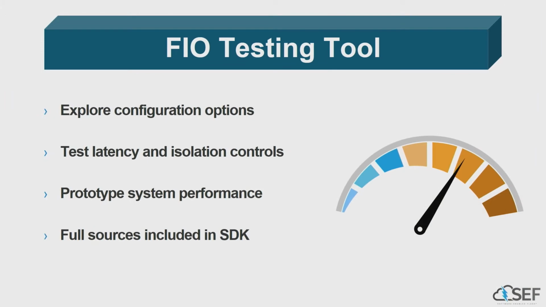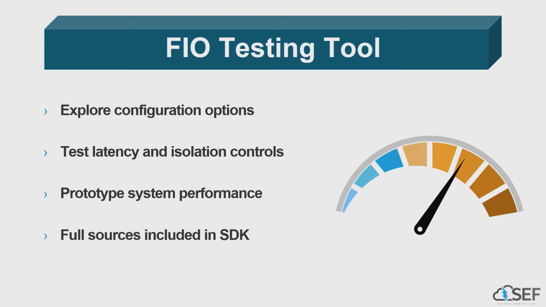The FIO tool, I kind of got ahead of myself as I tend to do, but it allows you to explore all these different configuration options, right? What are the effects of separating reads in one queue and writes in a different queue? What are the effects of altering the read versus write weights or the erase rates? What are the effects of defining a quality of service domain with software-based isolation versus hardware-based isolation?